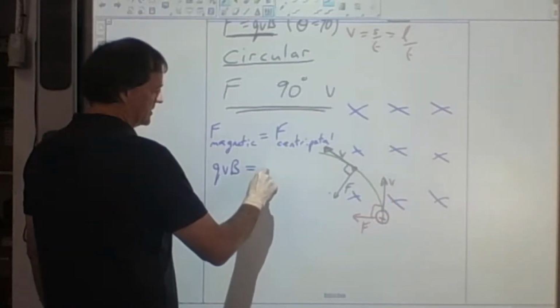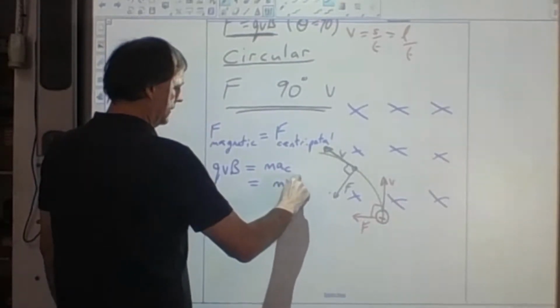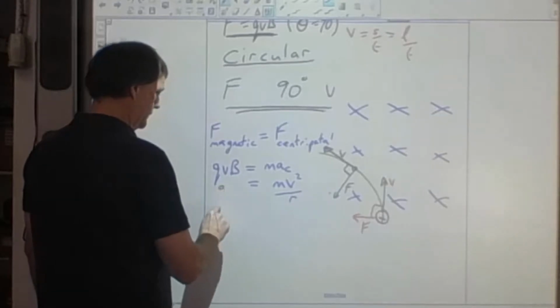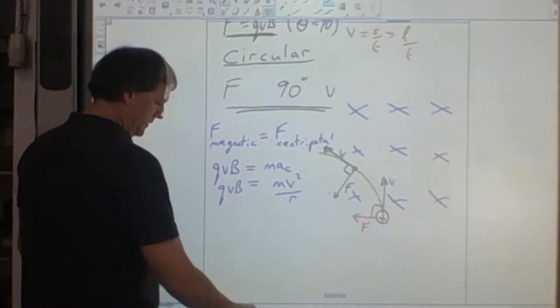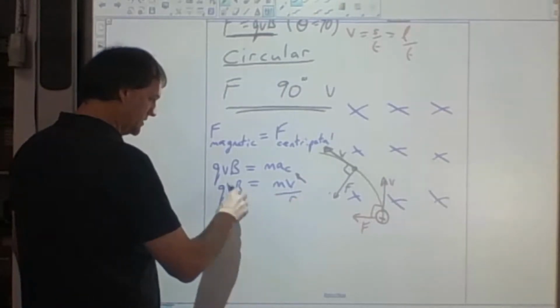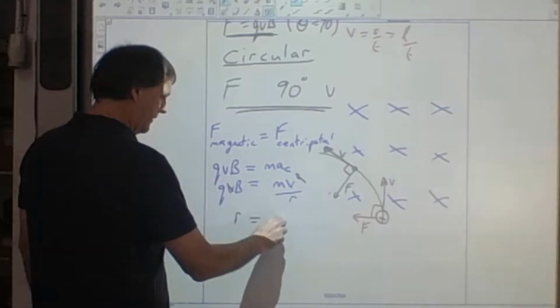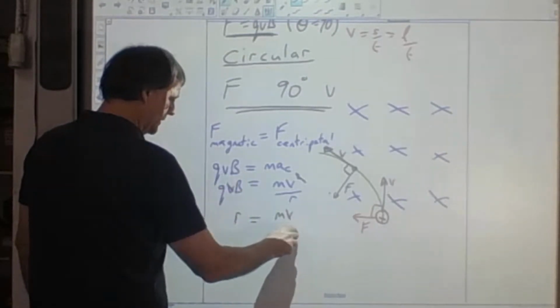Now the force of centripetal acceleration will be mac, which is equal to mv squared over r. So if you look at that, you can cancel out the velocities on each side once, and rearrange for r to get r equals mv over qB.